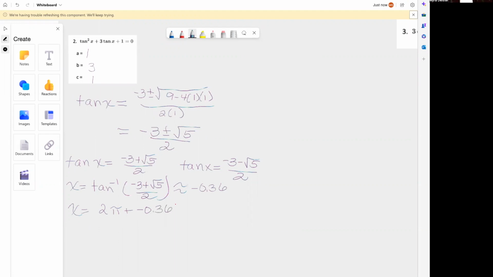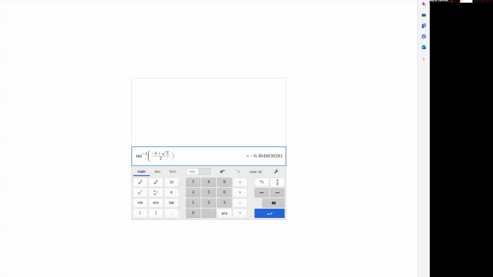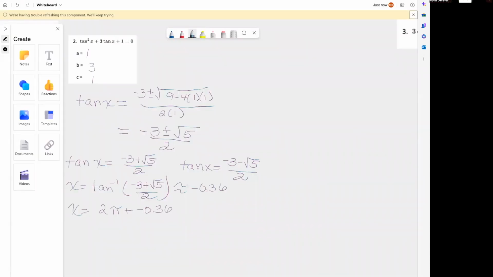So I'm going to go back to Desmos and I'm going to add 2 pi. And I get 5.92.